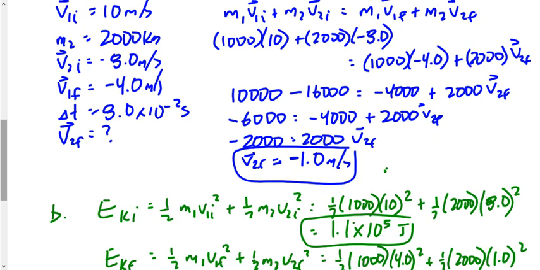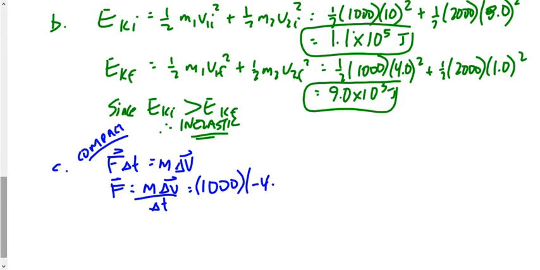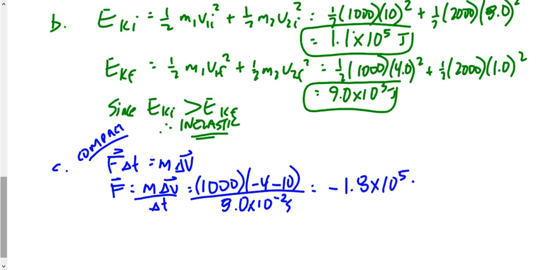The final was -4. The initial was 10. So we're going to say -4 minus 10. Final minus initial velocity for the compact car. And the time of impact was 8.0 times 10 to the negative 2 seconds. When you do this, it works out to be, I believe, negative 1.8 times 10 to the 5 newtons.